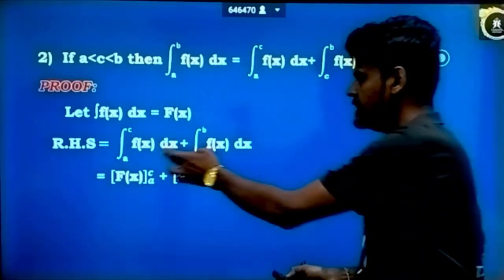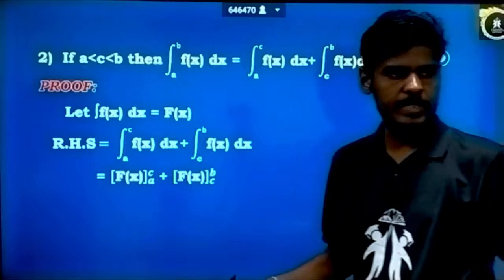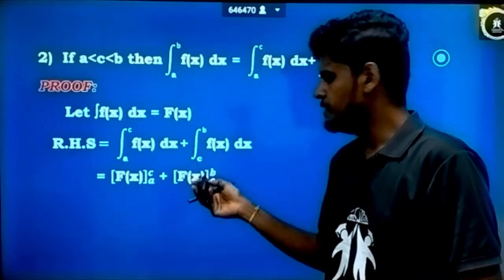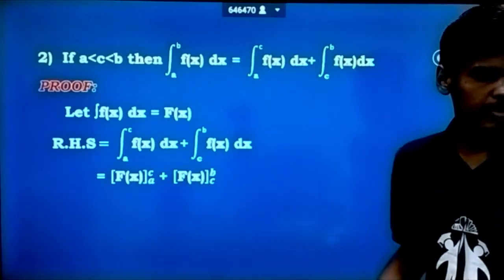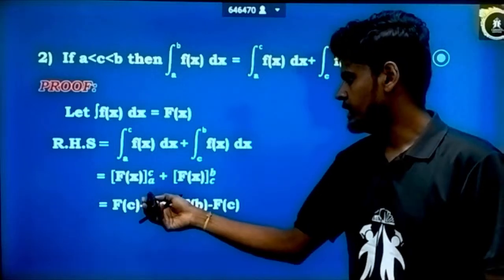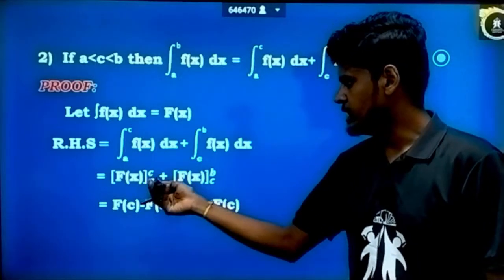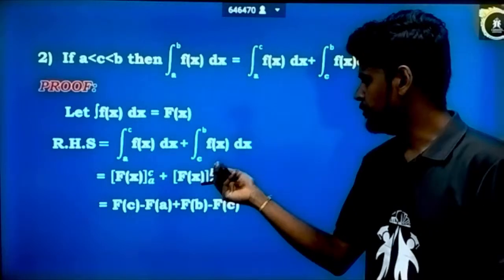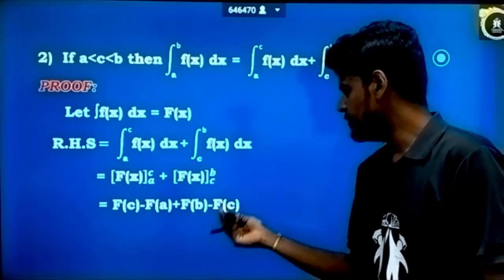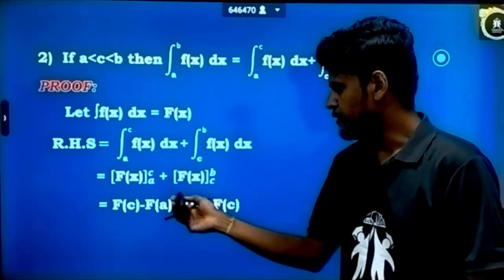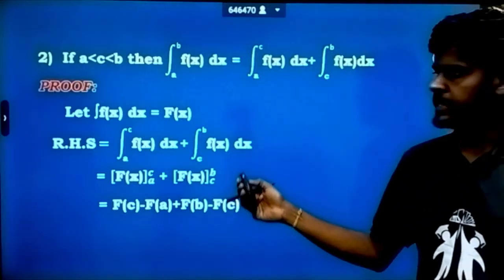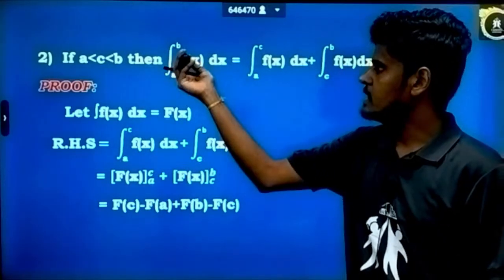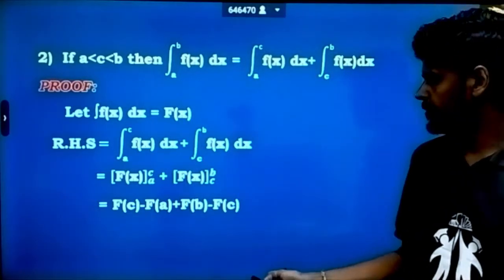Actually what we are doing is just taking the upper and lower limits which are not in this. This C will get cancelled. This is the easiest way to remember this. So here we will get F of C minus F of A. For the second integral, when you apply the limits, we get F of B minus F of C. F of C will get cancelled. This is nothing but F of B minus F of A. That is integral A to B f of x. That is the left hand side. Easy proof.